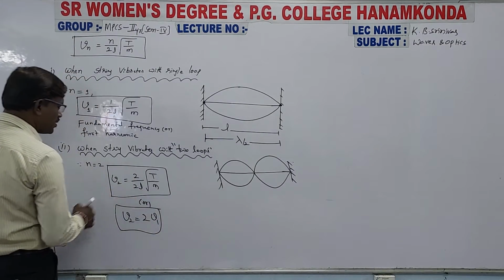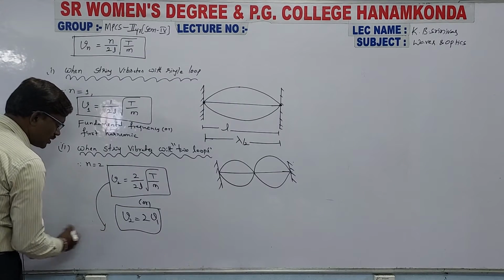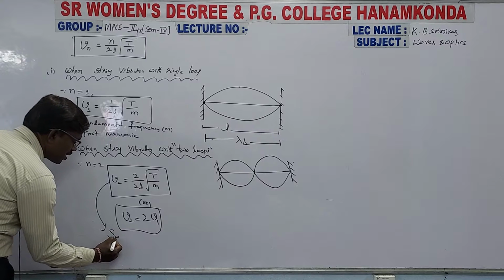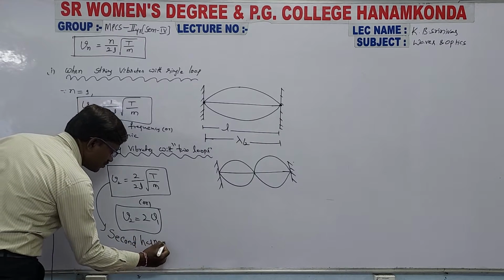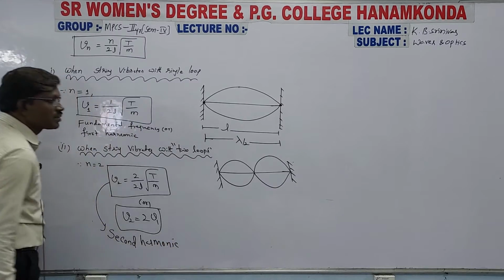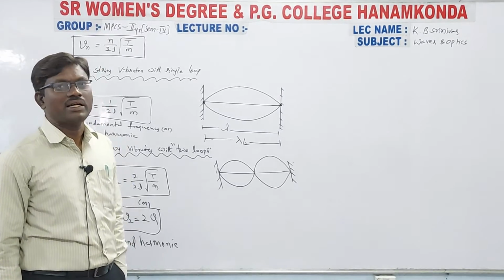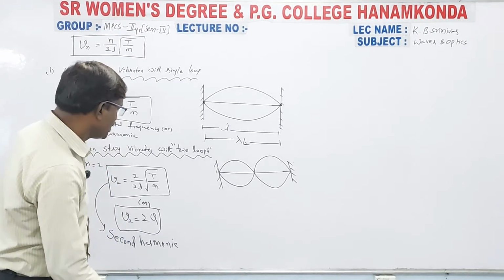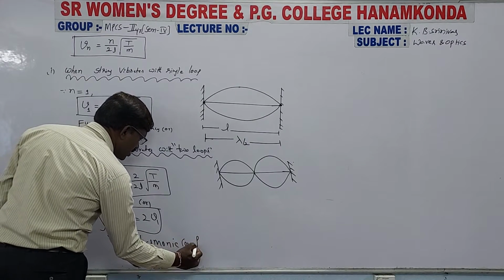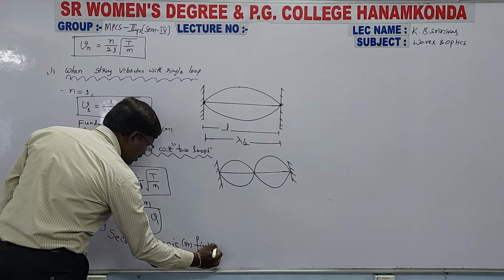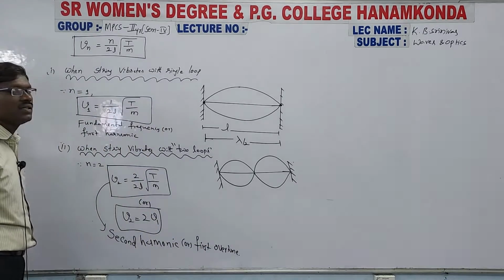This frequency nu 2 is known as what? Nu 2 is known as second harmonic. The frequency of the wire vibrating with two loops is known as second harmonic. There is another name for this frequency, that is first overtone. This is about the two loops.